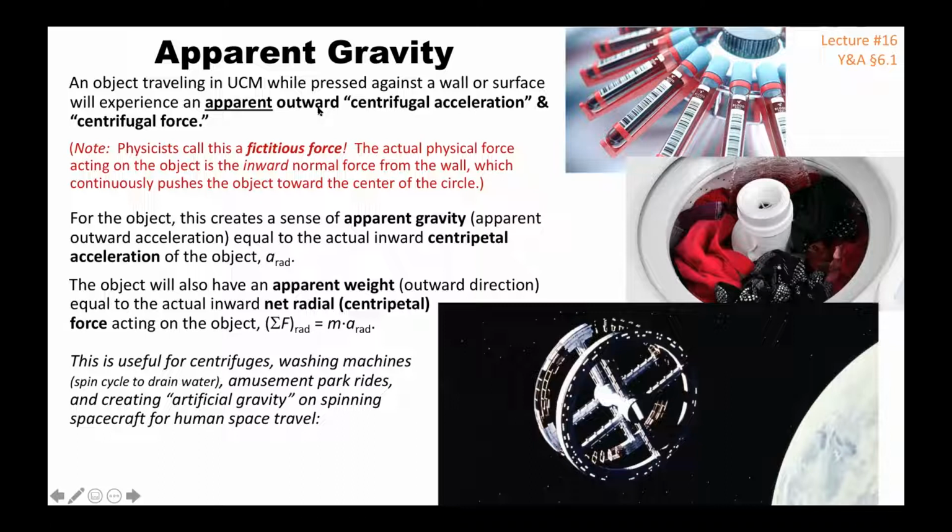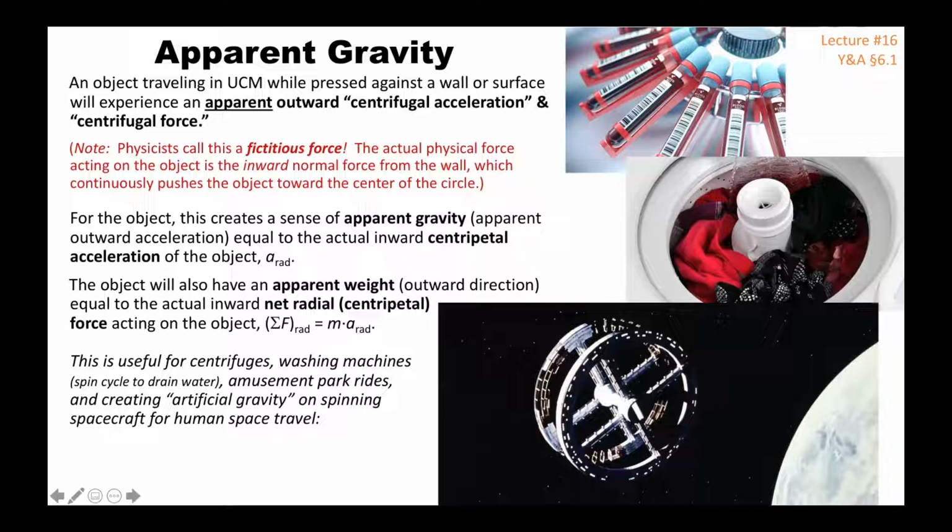And if you have ever been in a car that undergoes a tight, rapid turn, you feel like there's some sort of a force pushing on you away from the center of curvature of that turn. Now, this is simply an illusion. This is an apparent force, an apparent acceleration away from the center of the circle. And it's simply due to your body's own inertia.